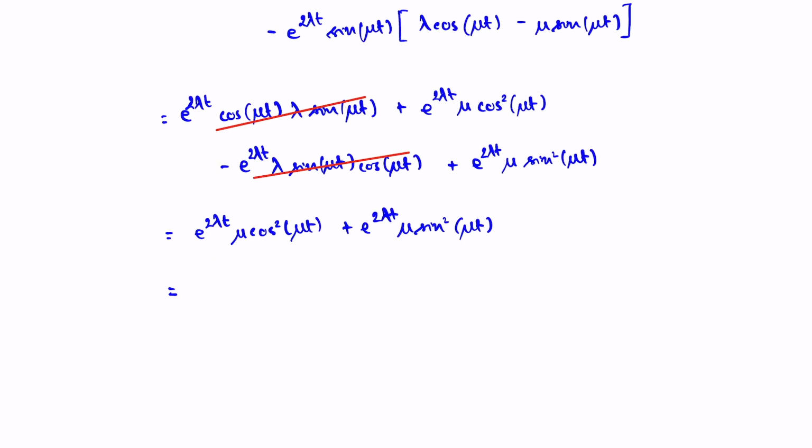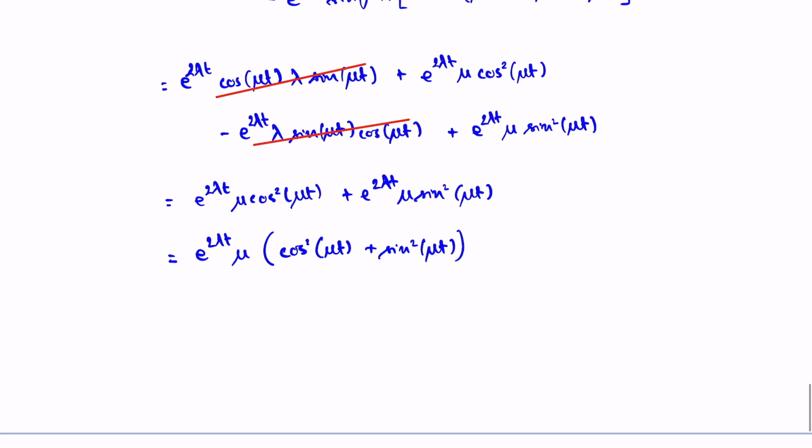So you take e to the 2 lambda t and mu as a common factor. So e to the 2 lambda t times mu gives you cosine square of mu t plus psi square of mu t. And again, this is an identity, and that is equal to 1. So the Wronskian y1, y2 is equal to e to the 2 lambda t times mu.